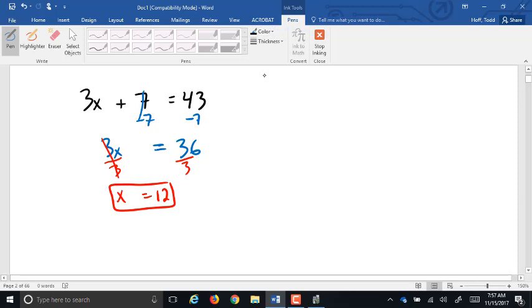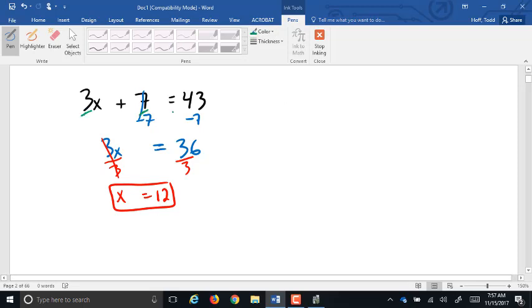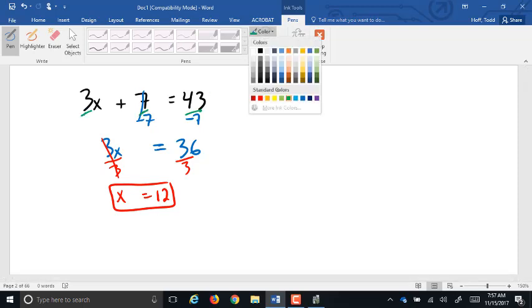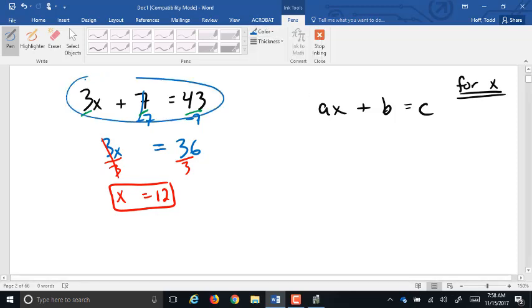But what we're going to look at today is what happens if, instead of having numbers in there, we have other variables, like ax plus b equals c. Now, first of all, we would have to be told what we're solving this for because there's technically 4 variables there. So let's say I tell you that we're going to solve this for x. This is exactly like this problem over here.